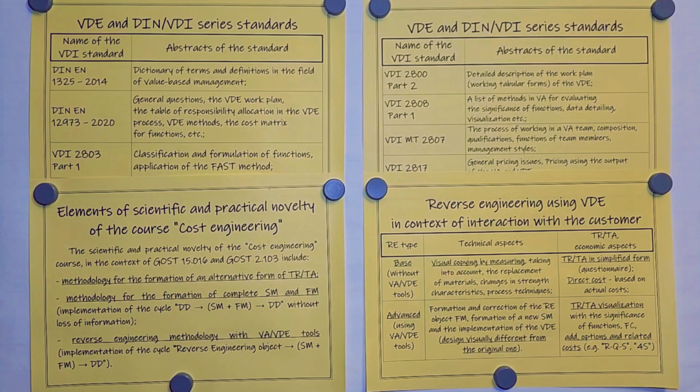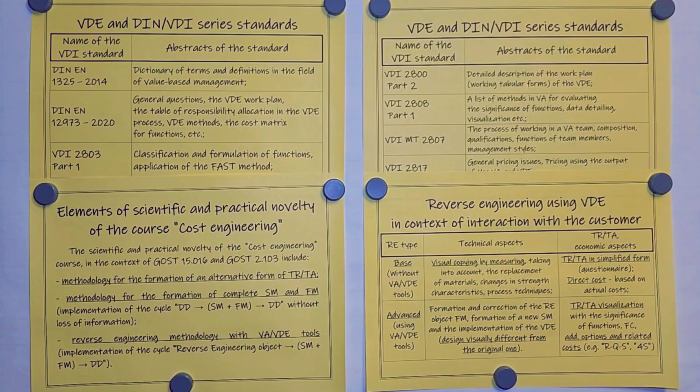The technical feature of this approach includes the possibility of obtaining a product visually and functionally similar to the original one, with changes due to the wishes of the customer, technological nuances, material replacement, a change in the power schema, the need for strength calculation, etc.